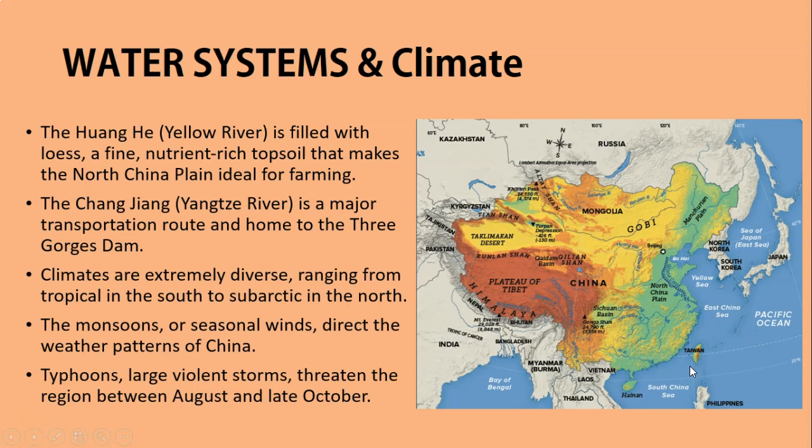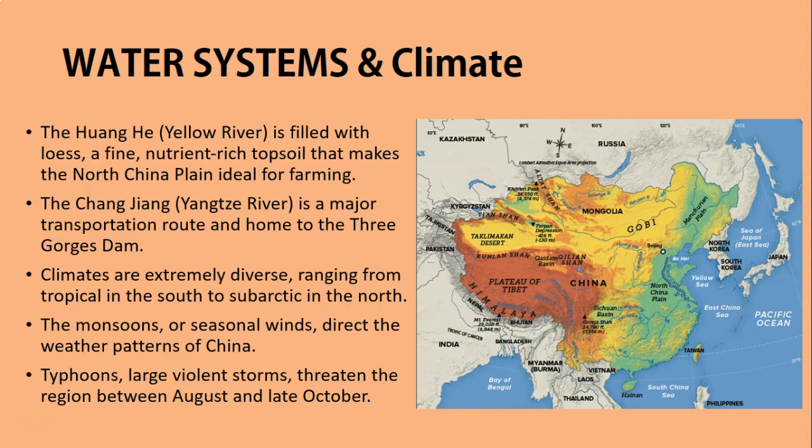Now, in China, and we're going to learn about this when we get to India, they have seasonal winds that are going to direct the weather patterns of China. And those seasonal winds will often bring about typhoons, or simply large violent storms, specifically through August and late October, that are going to threaten the region.